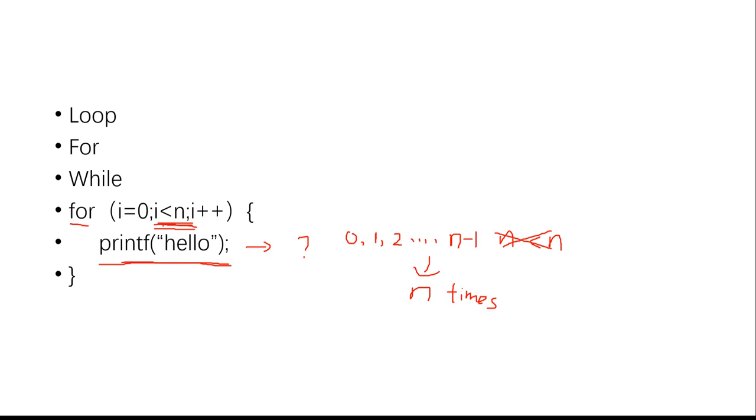If you do not like starting from 0, you can change the code so i starts with 1, i less than or equal to n, and i plus plus.